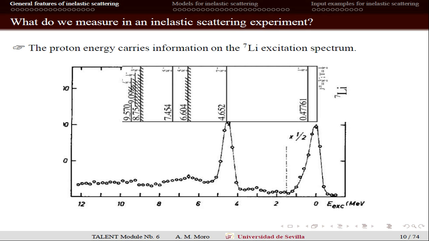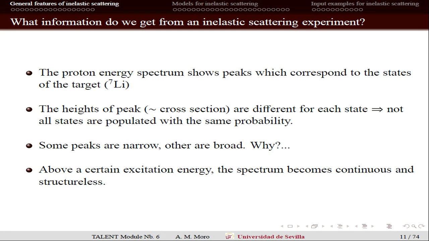So these are just sort of fluctuations. So the system can excite to this region, even if there are no particular levels there. This will be actually the subject of Monday, but just keep this in mind for Monday. Okay? So these are the things that we can learn from the spectrum and the things that we would like to learn.